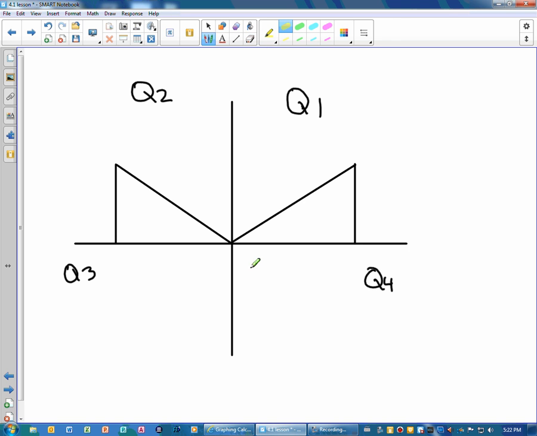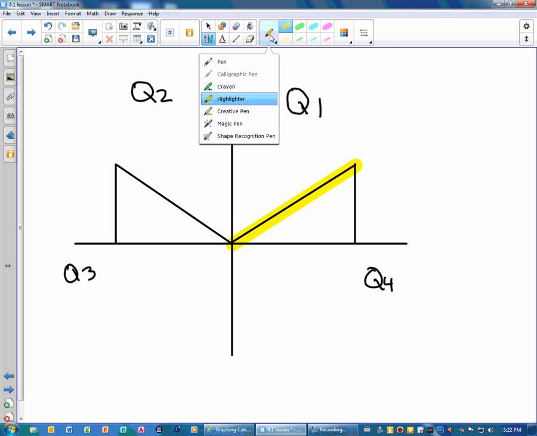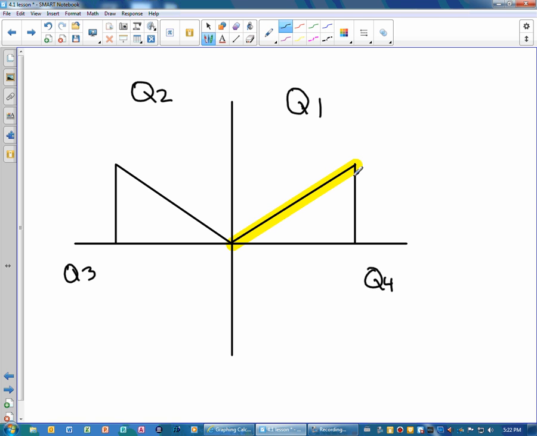So I've drawn a line in quadrant 1, and then all I've done is extend that line down to the x-axis to make a right angle triangle. In that right angle triangle, I've got measurements. From here to here, I'm on the x-axis, so I can call that measurement x. I don't know how far it is, but I can call it x.